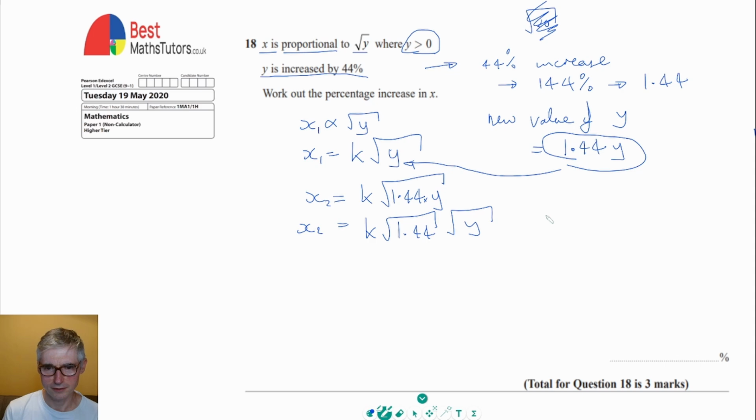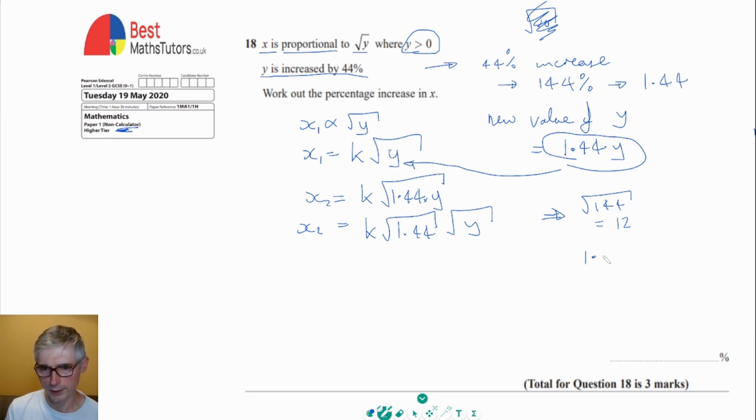Now, it's not necessarily obvious, but unfortunately we are on a non-calculator paper, so we have to know this. Now, the root of 1.44, most people know that the root of 144 is equal to 12, because 12 times 12 is equal to 144. So we've learnt that doing tables. Well, that's because 12 squared gives us 144.